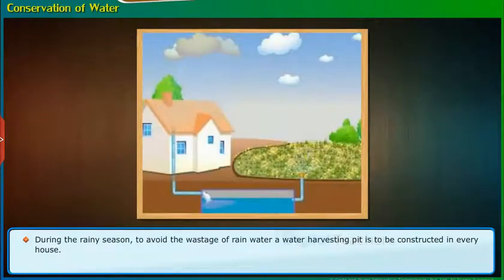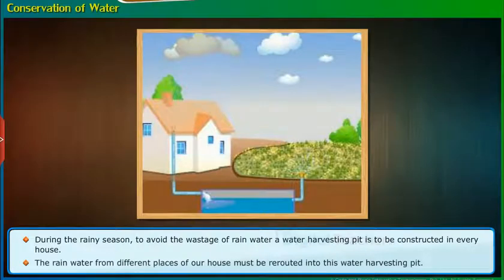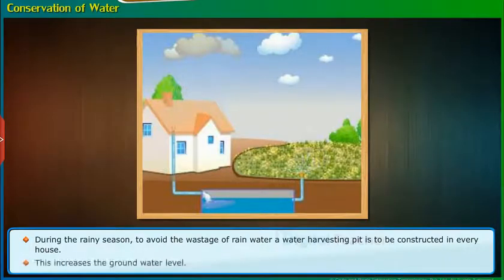During the rainy season, to avoid the wastage of rainwater, a water harvesting pit is to be constructed in every house. The rainwater from different places of a house must be rerouted into this water harvesting pit. This increases the groundwater level.